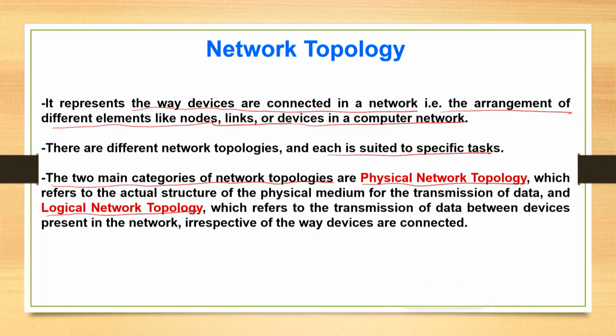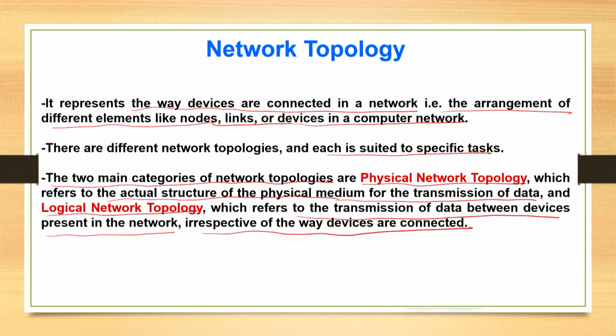Physical network topology refers to the actual structure of the physical medium for the transmission of data, whereas logical network topology refers to the transmission of data between devices present in the network irrespective of the way devices are connected.